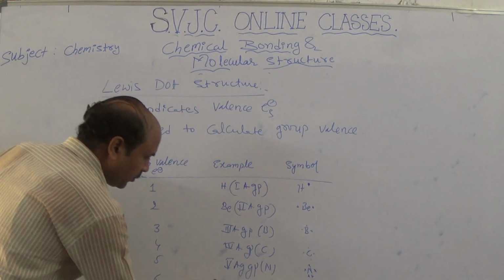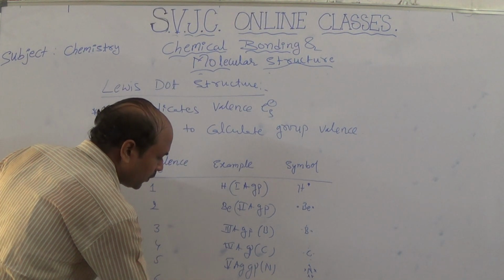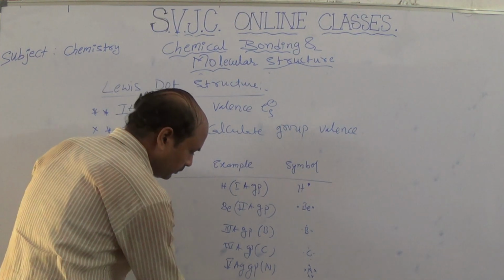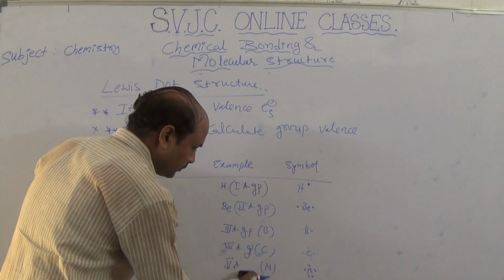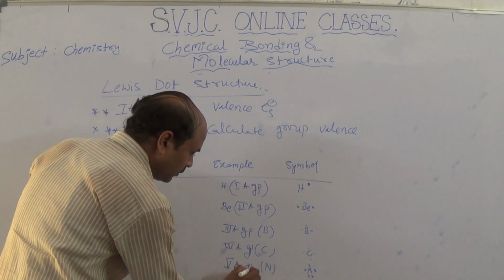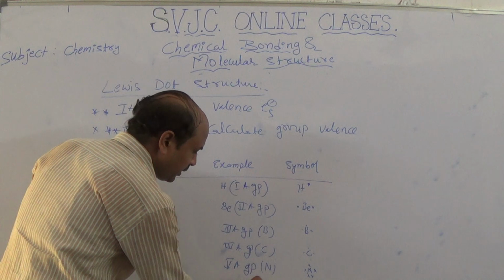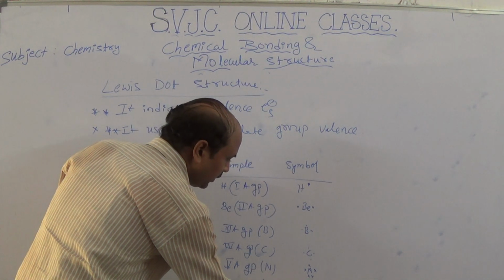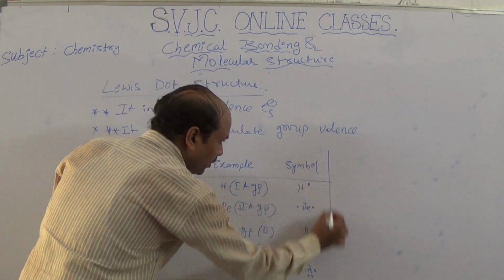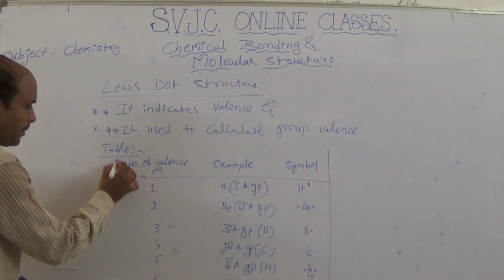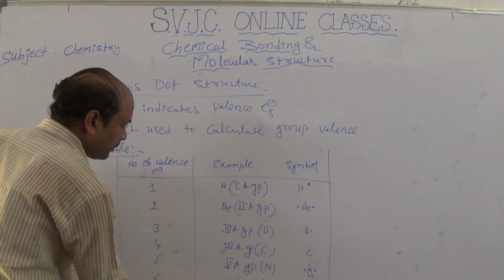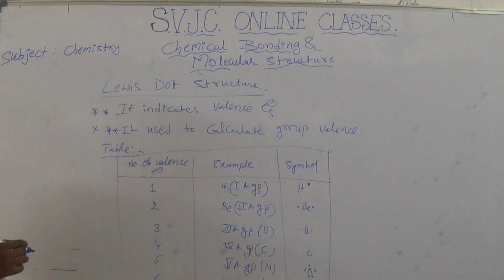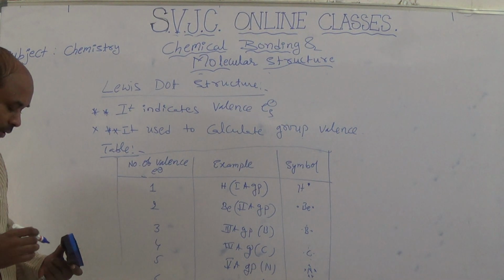And one more, sixth A group elements: I am taking oxygen, having 6 valency electrons. These are some examples.